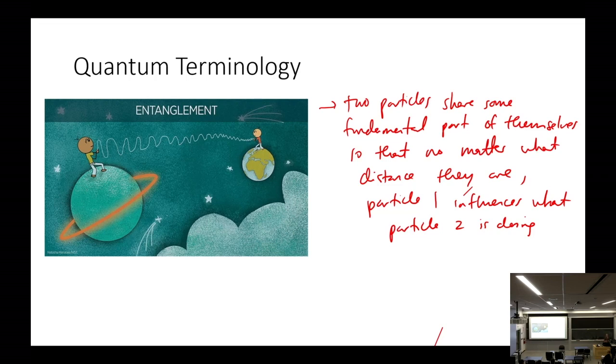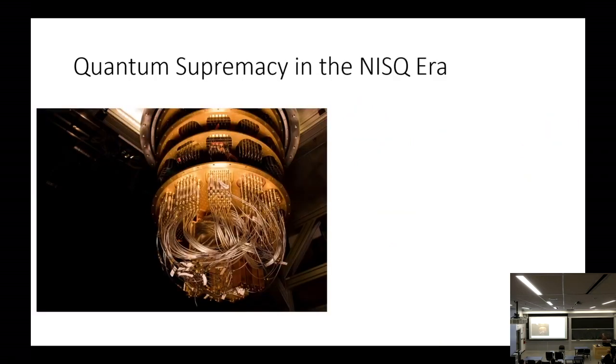All right, so there are some other fun terms that were brought up in some of these readings. One of them is quantum supremacy. The idea of quantum supremacy is it's basically a goal of demonstrating that a programmable quantum computer can solve a problem that no classical computer could solve in a feasible amount of time.